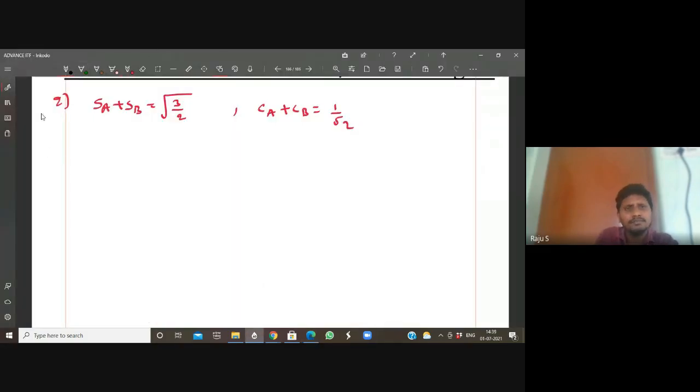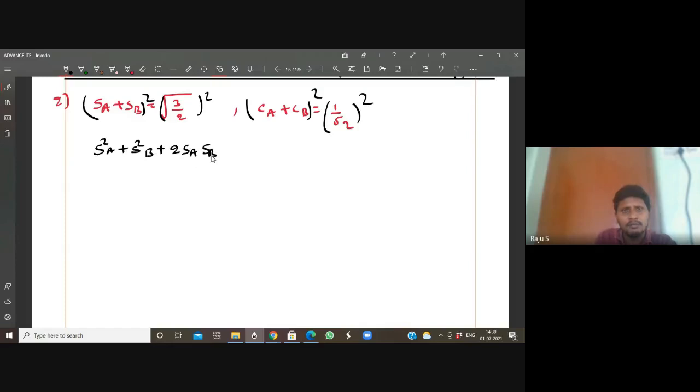When I square here, sin square A plus sin square B plus 2 sin A sin B is equal to, plus, cos square A plus cos square B plus 2 cos A cos B. Finally, the right side is 3 by 2 plus 1 by 2.